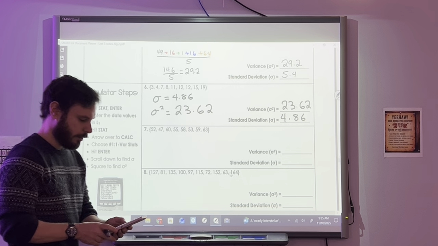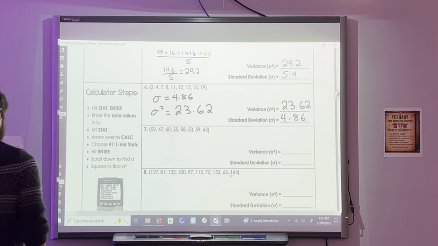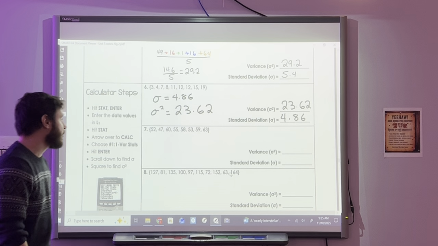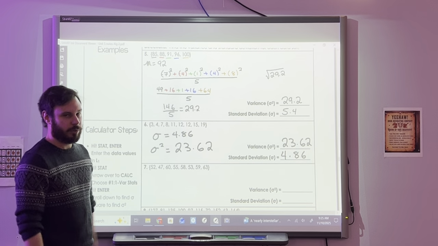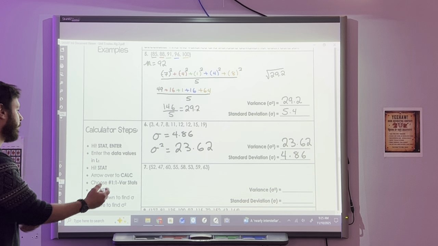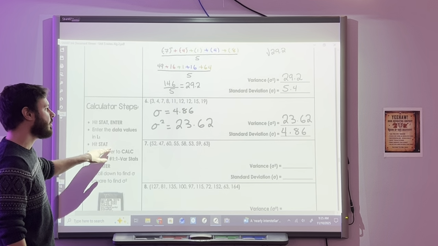Okay, all right, and that's how we can do that. So you have two different methods to do this. I don't know which way will be faster for you, if it's gonna be the calculator way or the longhand way, but you choose, okay, you get to choose.